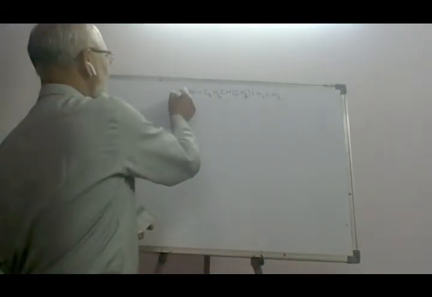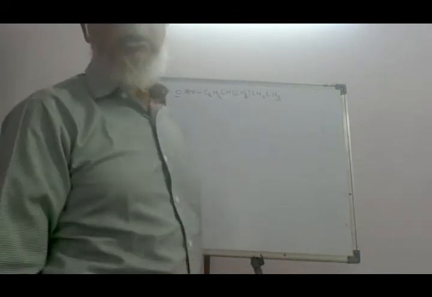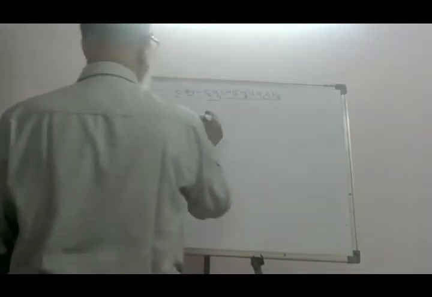This O stands for ortho, meaning there are 2 substituents present at 1, 2 position with respect to each other, and this is your benzene nucleus. Its structure will be like this.